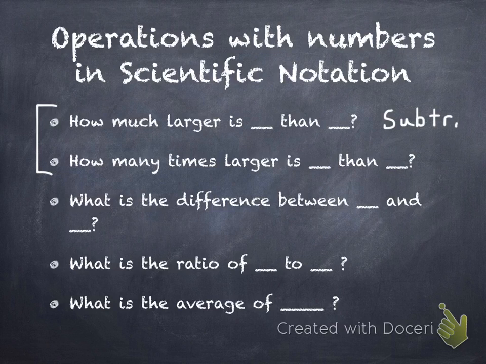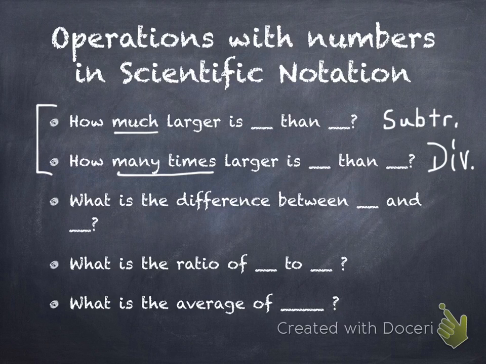But how many times larger it is, say, somebody is 6 feet tall and another person's only 3 feet tall, that taller person is 2 times larger than the first person. So this is actually a division problem. So it's just one word that makes the difference. Instead of how much larger, how many times larger. Okay, so to find out how many times larger something is, I have to divide to know that.